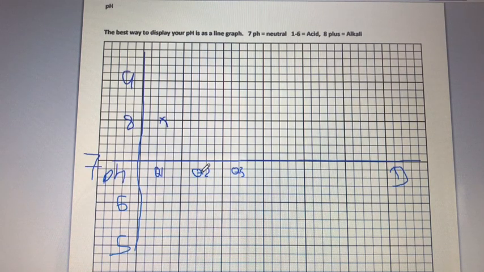If at quadrant 2 my pH was 7.5, I'll do a nice little cross there. At quadrant 3 it might have been pH 7.5 still. Quadrant 4 it might have been, say, 7, and then by the time I get to quadrant 5 it might have gone to, say, pH 6.